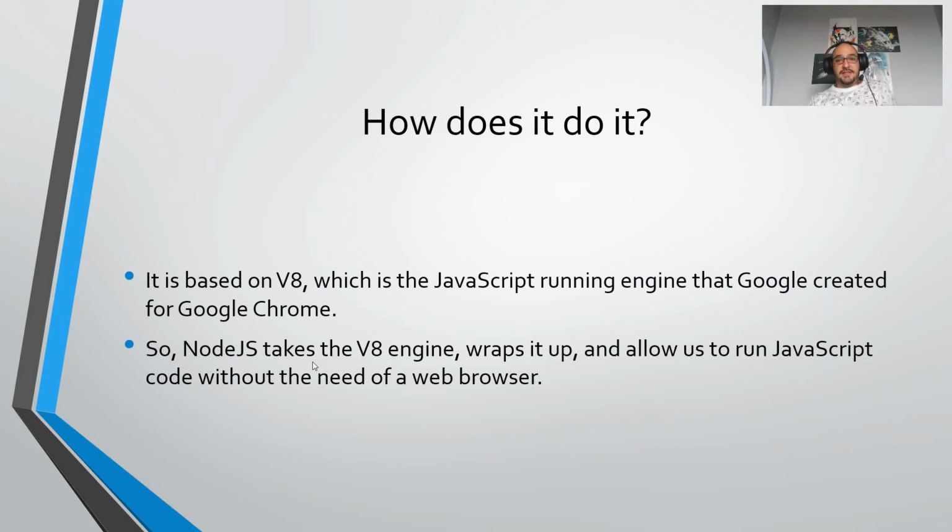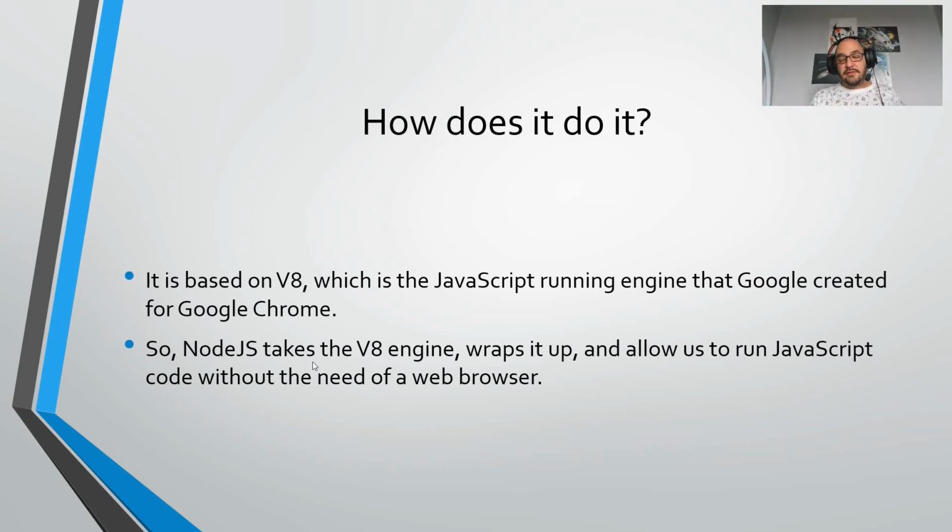Now, how does it do it? It happens that back in the day, Google, when they created Google Chrome, they created their own engine to run JavaScript code. Remember, JavaScript traditionally was running in the web browser. So Google said, okay, we need an engine to run JavaScript in our Chrome web browser, and they did.